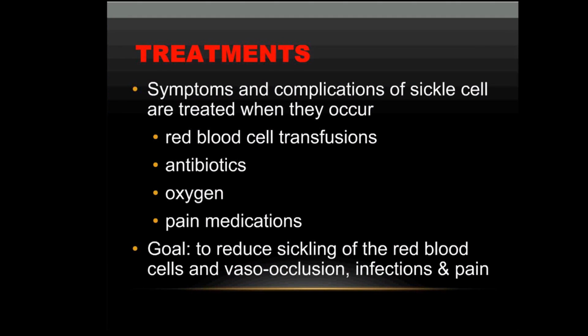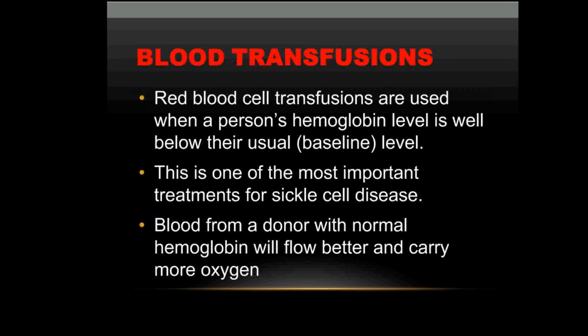And treatments, we want to treat the symptoms and complications of sickle cell when and as they're occurring. That involves red blood cell transfusions, antibiotics, oxygen, and pain medications. And the goal is to reduce sickling of the red cells and vasodilatation, vaso-occlusion, infections, and pain.